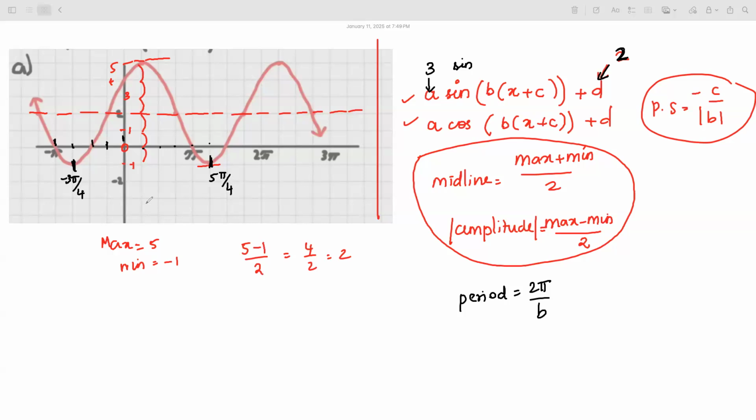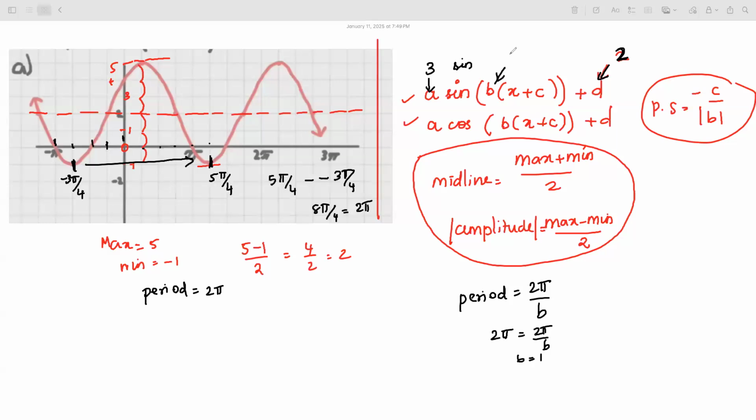So what is the period? Period is from here to here. 5 pi by 4 minus minus 3 pi by 4, correct? So that is 8 pi by 4. So period is 2 pi. If period is 2 pi, can I substitute that in here? 2 pi equals 2 pi by B, so B equals 1. Am I making sense?